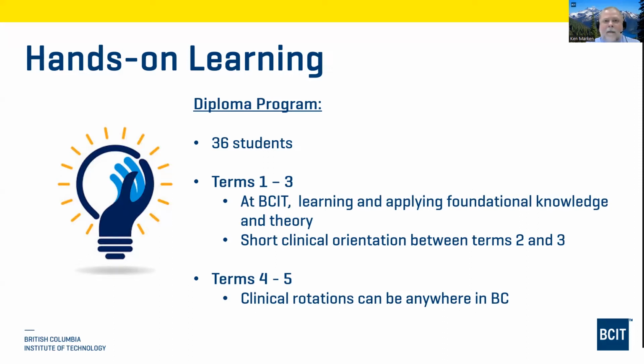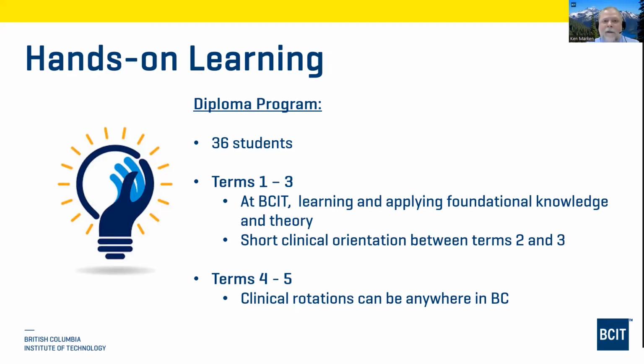For the general option students, they would have clinical from January all the way through to the end of June, whereas the dual students, because they're training in both general and cardiac sonography, start in January and go right through to November, although they do have a short summer vacation of about 6 weeks through July and August.